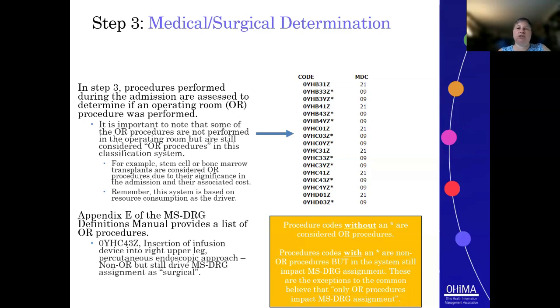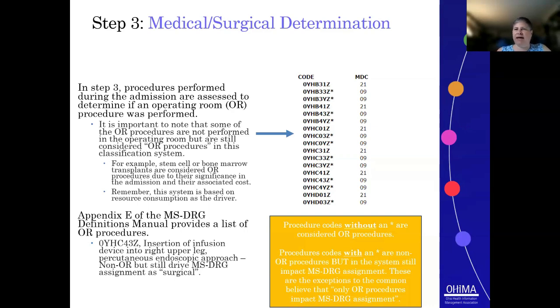Originally, most of the procedures that were deemed surgical were procedures that were performed in the OR. However, there are some procedures not performed in the OR, but that have the power of an OR procedure and do influence the MS-DRG assignment, and specifically impact the movement towards a surgical MS-DRG.